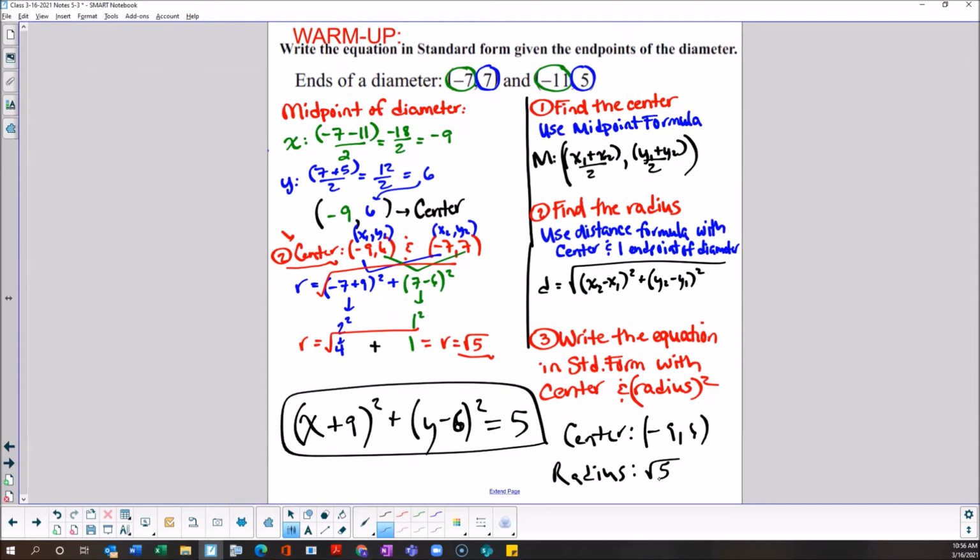And it's okay to have a square root, like the square root of 5, for your radius. On the quiz and on the test, if you're asked to enter the radius here, don't put a decimal answer. It needs to be the exact answer. So you would put the square root of 5. Okay?